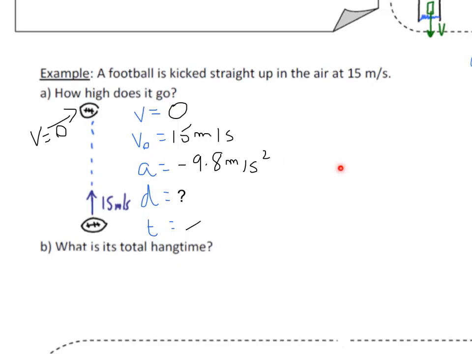So 0 squared equals 15 squared plus 2 times negative 9.8 times d. We bring the 15 squared over, so we get negative 15 squared equals 2 times negative 9.8 d, and then divide both sides by 2 times negative 9.8, and we get our final answer: d equals 11.48 meters.